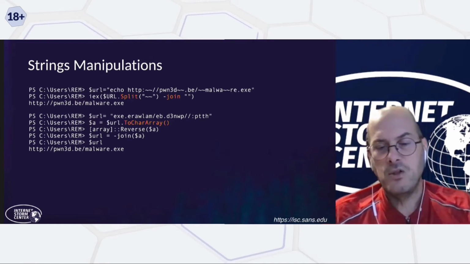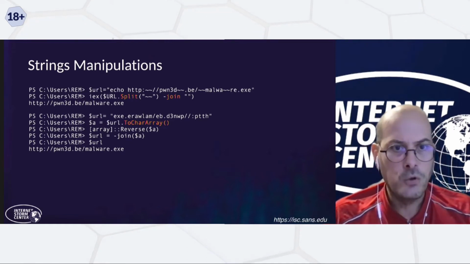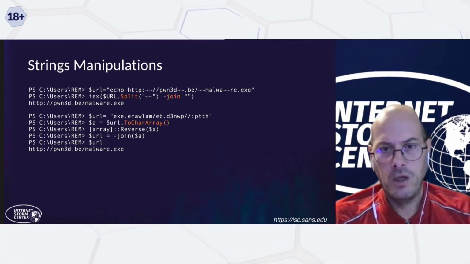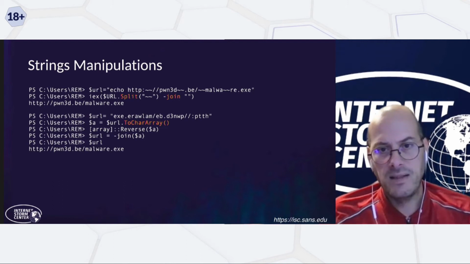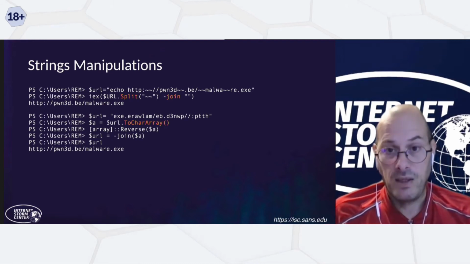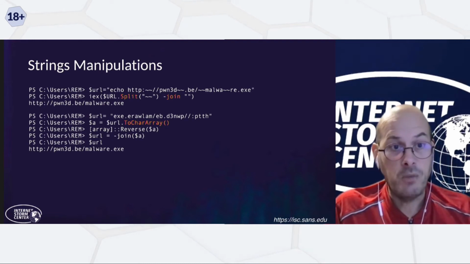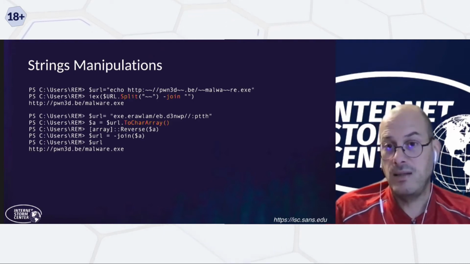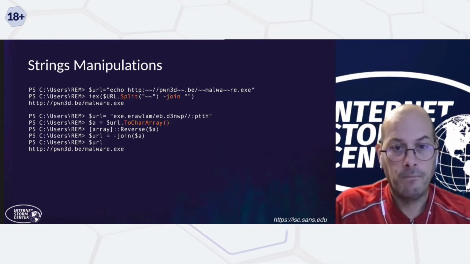But the split-join technique is very common. So you split the string into an array and using -join, from this array, you concatenate all the elements into a new string, which will be separated by nothing. So you will find http://pond.be/malware.exe. Once again, the same URL, the same string.